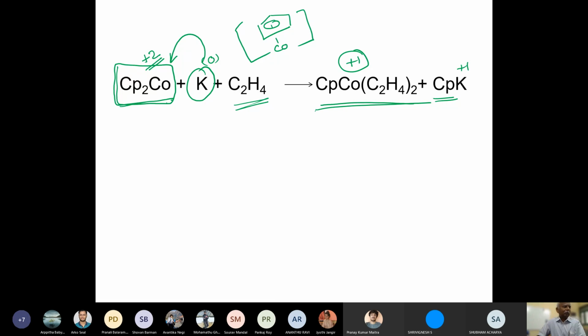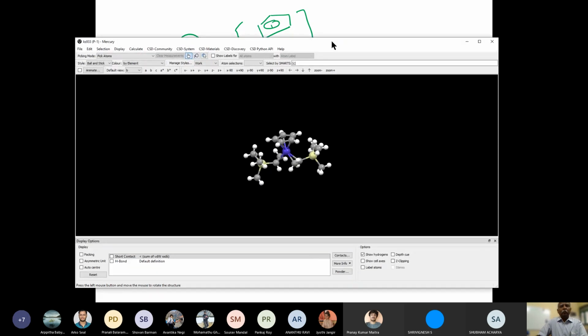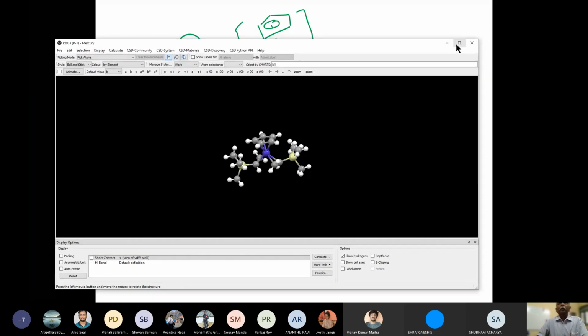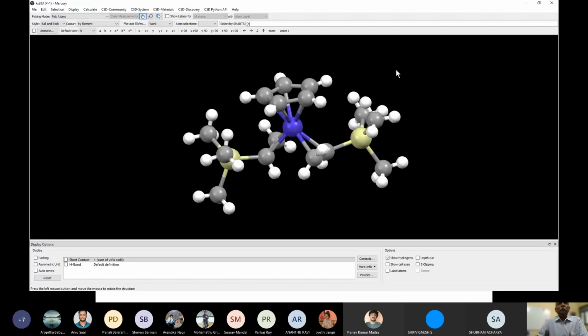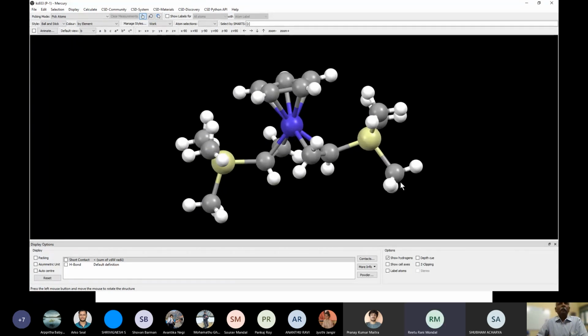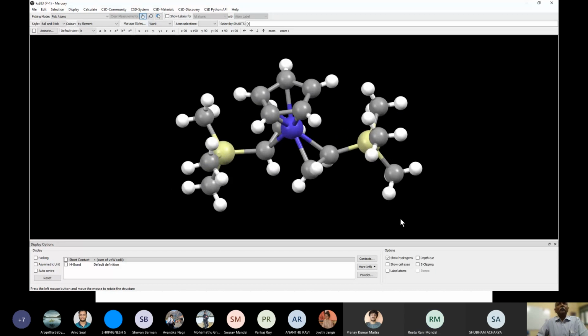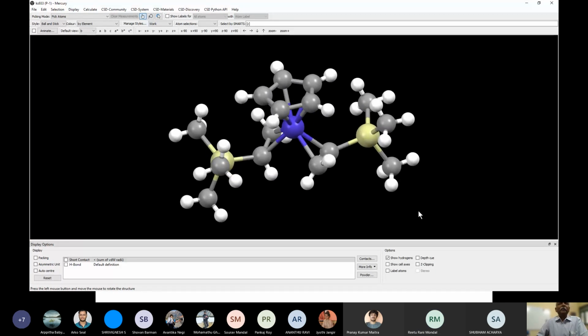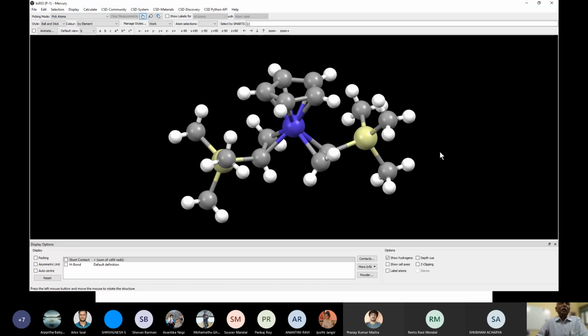I have a structure of the complex with cobalt, and I'm going to show you. Let me see if I can show you this. Are you able to see? Yes, sir. So this is the bis olefin complex. Instead of one hydrogen, I have a SiMe3 group which is located here. Okay, this is silicon.